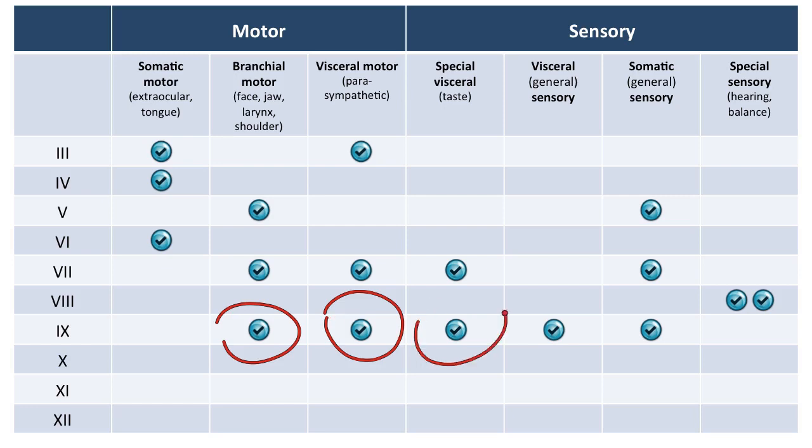There's a special visceral sense that's derived from the posterior third or so of the tongue. So this is our sense of taste being conveyed from taste buds in that posterior region of the tongue. There is an interesting general visceral sensory signal that is conveyed via the glossopharyngeal nerve, and this is coming from the carotid bodies, which are chemosensory structures associated with the bifurcation of the common carotid into its internal and external parts.